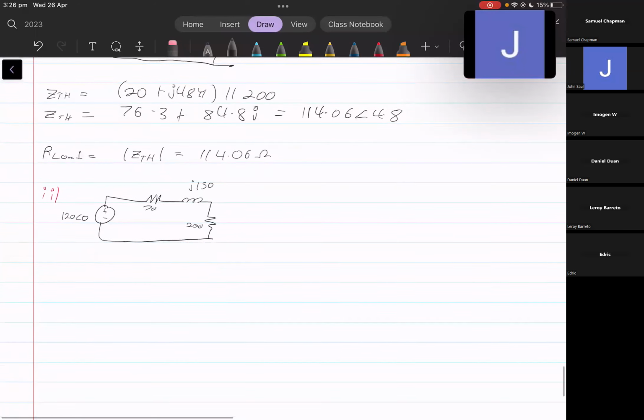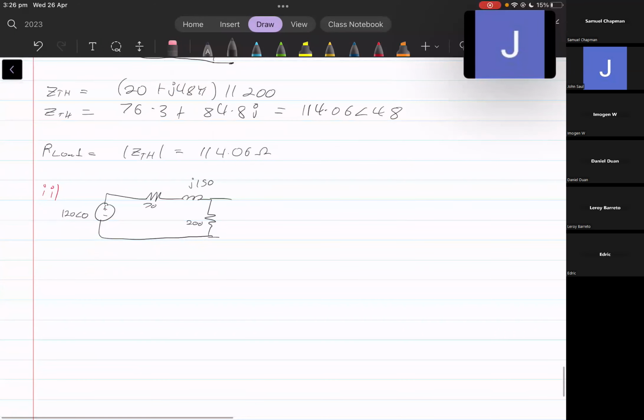So now we'll just do a voltage divider here. So we want the voltage across that 200 ohm resistor. So we'll put 200 on the top, and then we'll put all the resistances there. So that'll be 20 plus j150 plus 200.